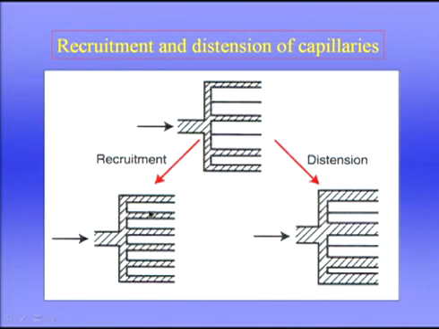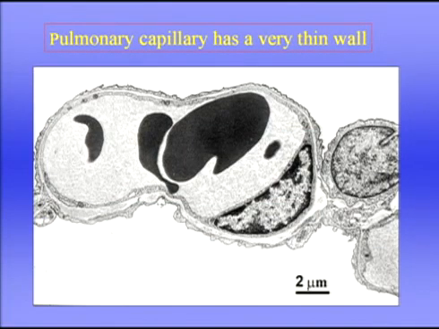And the other thing that happens is called distension, and that is an increase in the caliber of the capillaries, which therefore reduces their vascular resistance. And it's not surprising that this happens because, again, if we look at our electron micrograph, we can see that the wall, of course, is very, very thin. And if you increase the pressure in the capillary, the capillary distends, rather like a plastic bag distends as you increase the pressure within it.